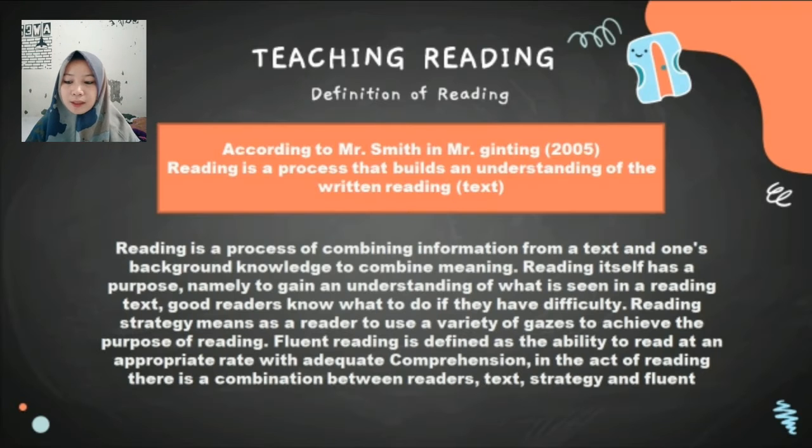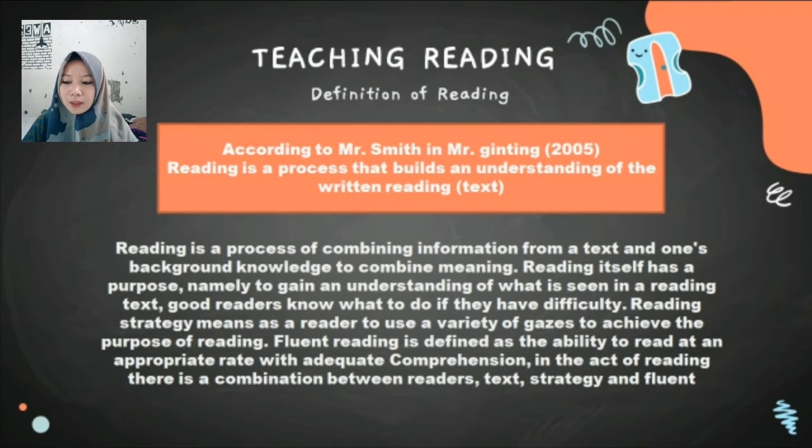Teaching reading. Reading is a process of combining information from a text and one's background knowledge to construct meaning. Reading itself has a purpose, namely to gain an understanding of what is seen in a reading text. Good readers know what to do if they have difficulty.